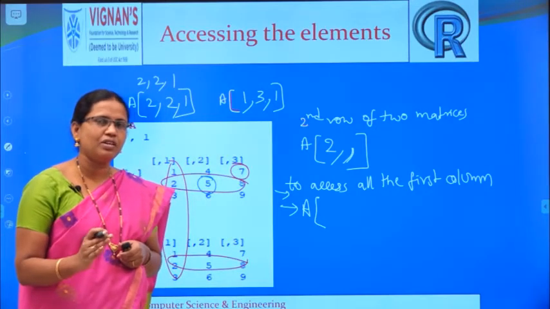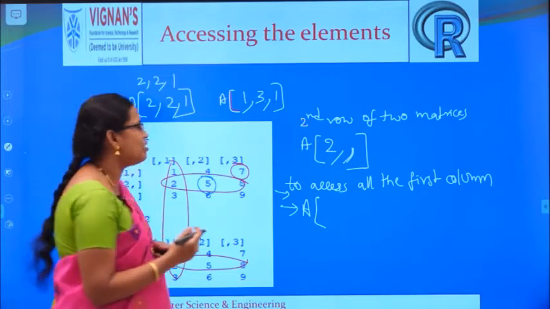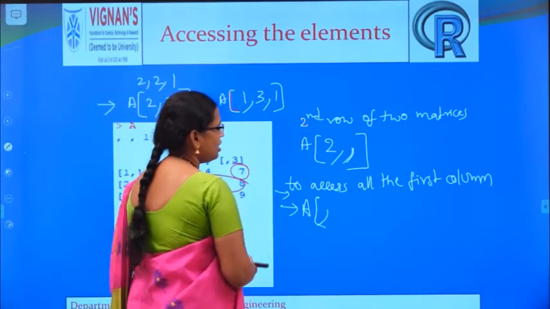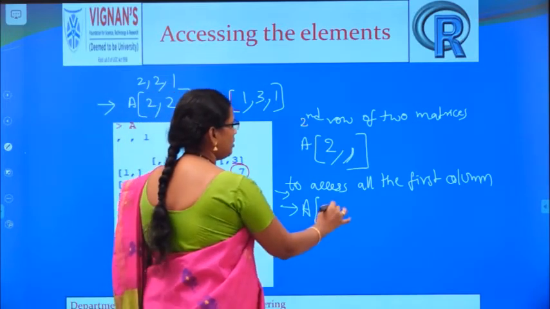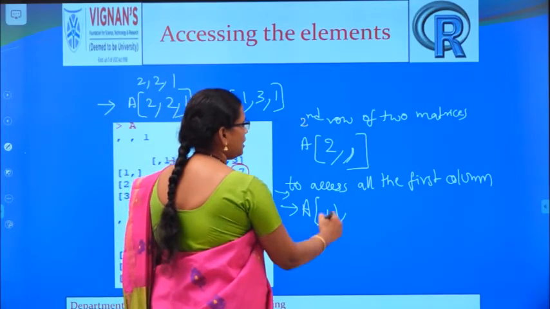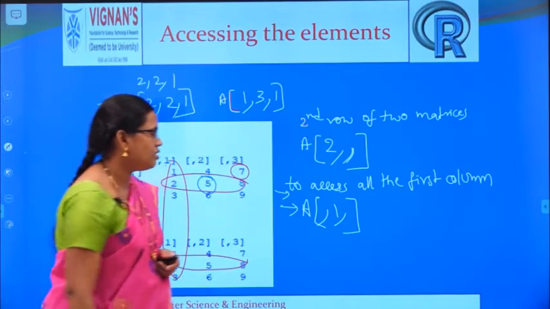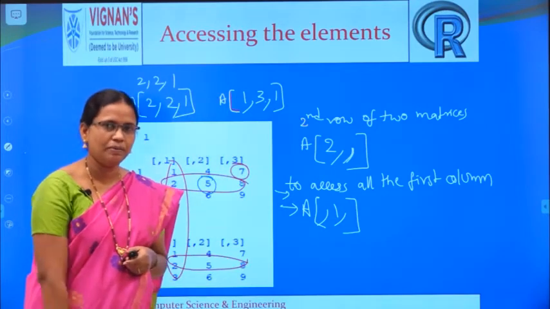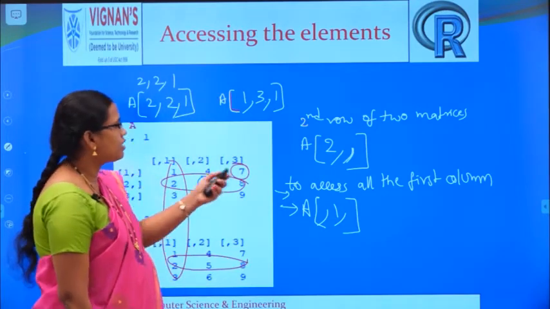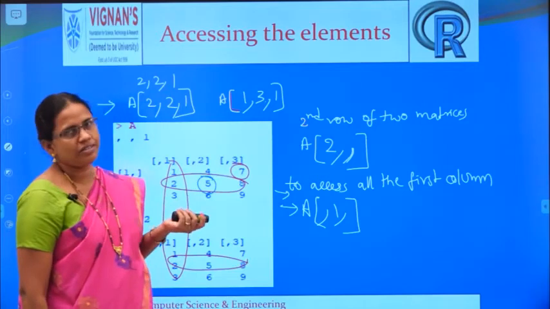We are not specifying the rows, so you leave the empty space for the row and give the column as 1. For all the elements of the two matrices, you give it as empty. Like this you will access the elements of the matrices.